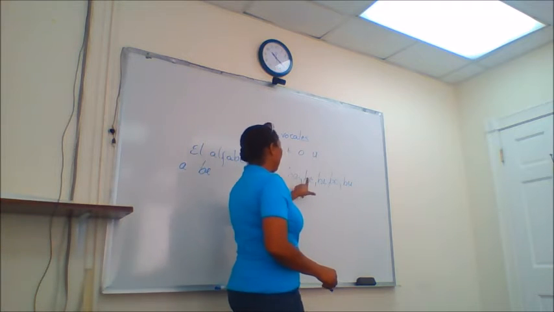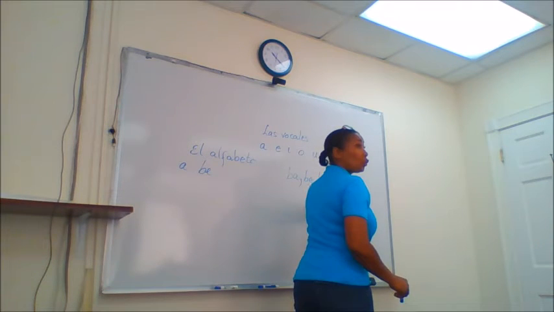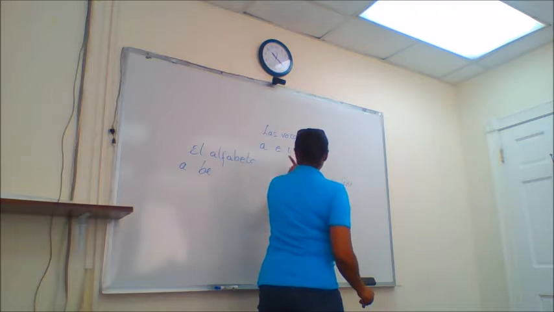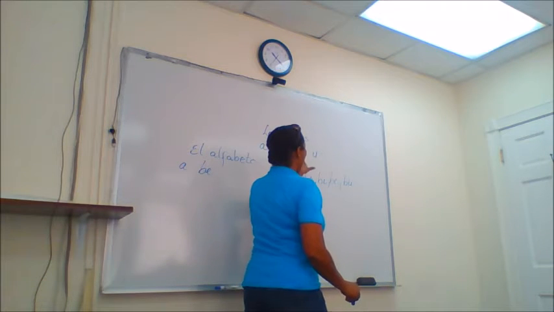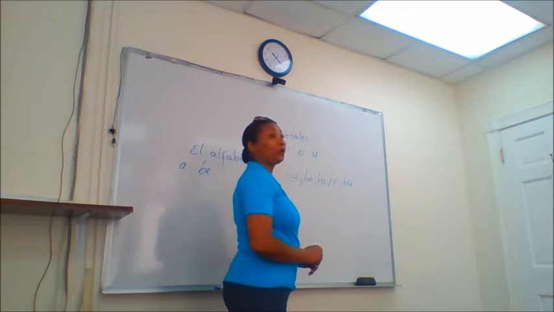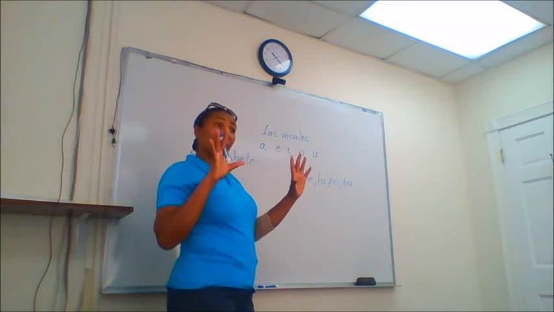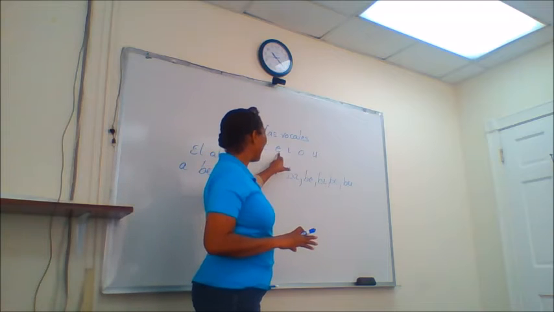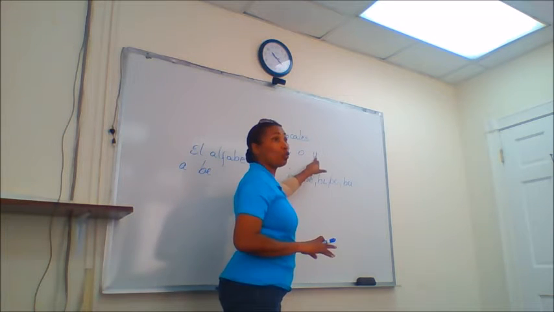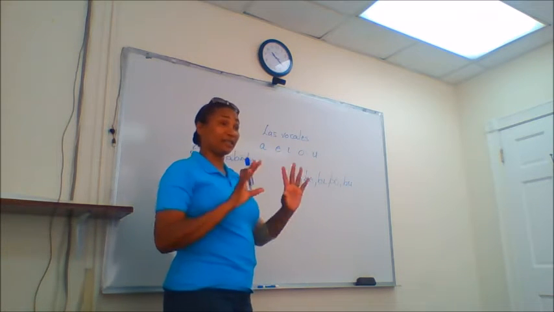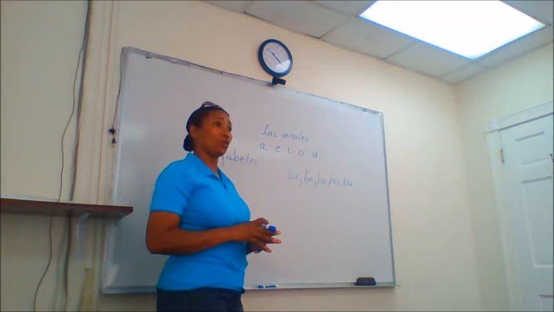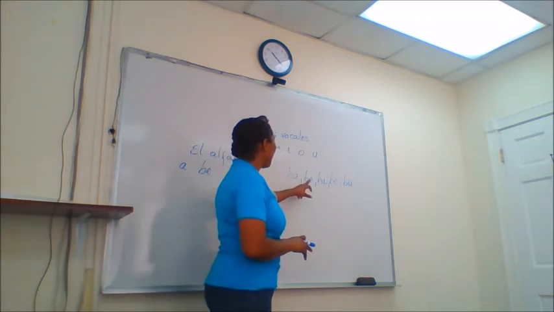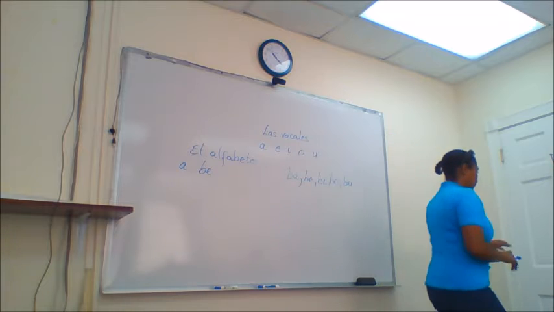So it's ba, be, bi, bo, boo. As we know in the Spanish language, the letters are very clear and precise. And those sounds remain the same when we're pronouncing words.